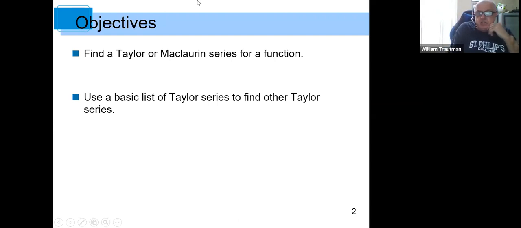The only thing different from the polynomial section is maybe this thing at the end here. It's a basic list of Taylor series that you can use to find series for problems that may not look like a Taylor series, or are like a Taylor series, they're just a little bit different.